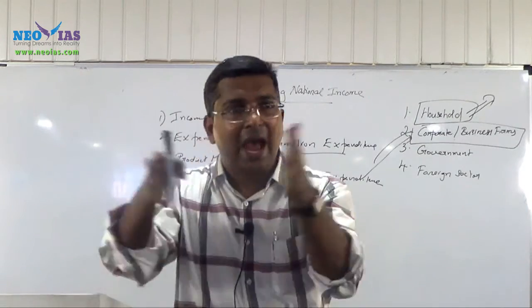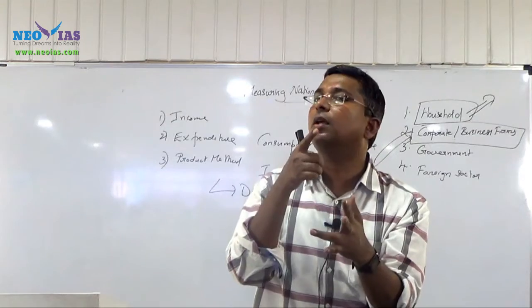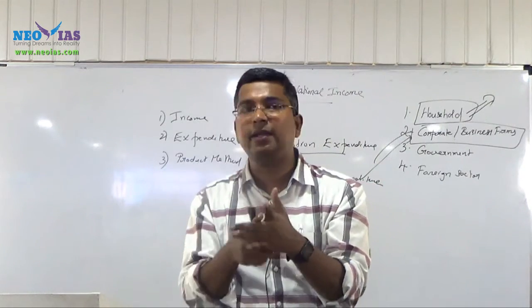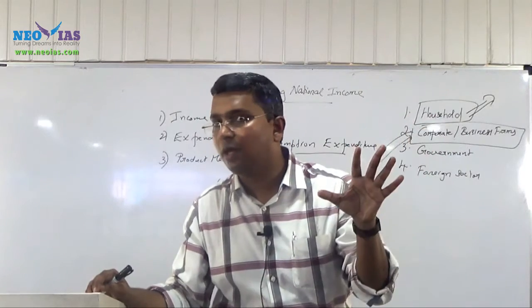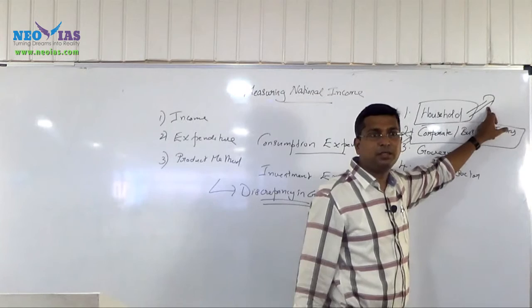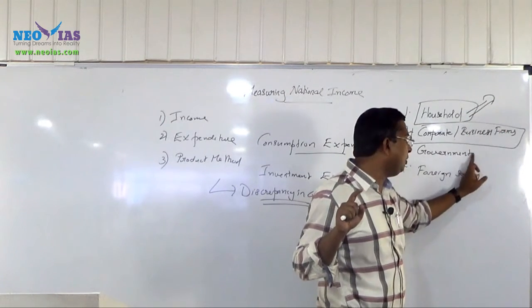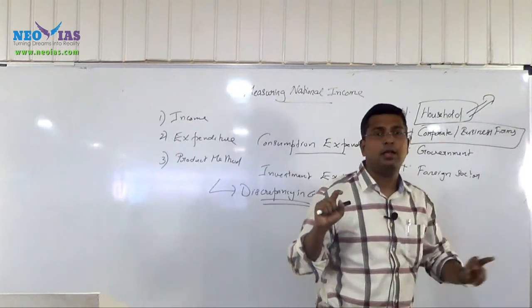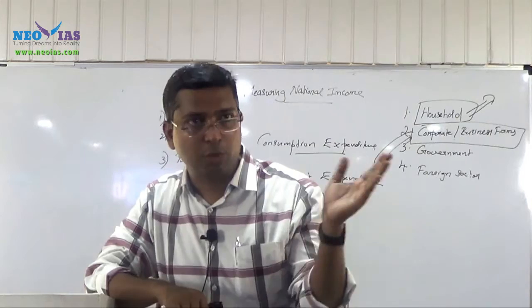Income method means add all the income, that is total rent, total wages, total interest and total profit. Expenditure method means all the total expenditure, that is consumption expenditure, and now don't forget what consumption expenditure is, investment expenditure, government expenditure and foreign sector expenditure, or net exports, exports minus imports.